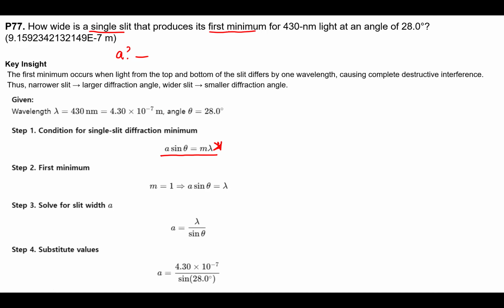For the first minimum, m equal to 1. Then a sin theta is lambda, and a is given by lambda over sin theta. Theta is given as 28 degrees, and then you can get a. So basically, it's just a plug-in type of problem.